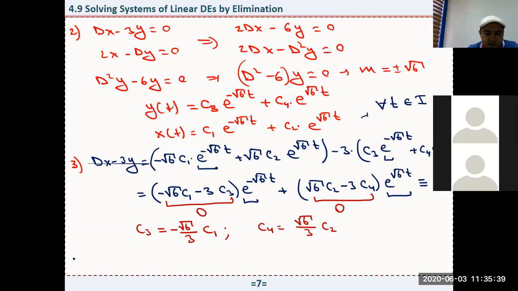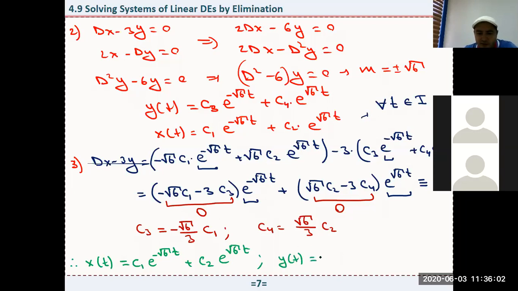Let's write. What is x? X of t is equal to c sub 1 e to the power minus square root of 6 t plus c sub 2 e to the power square root of 6 t. And y of t equals c sub 3, what is c sub 3?